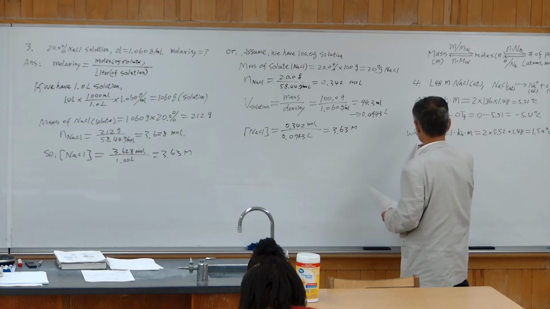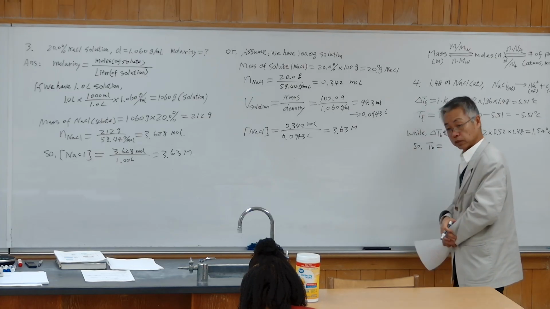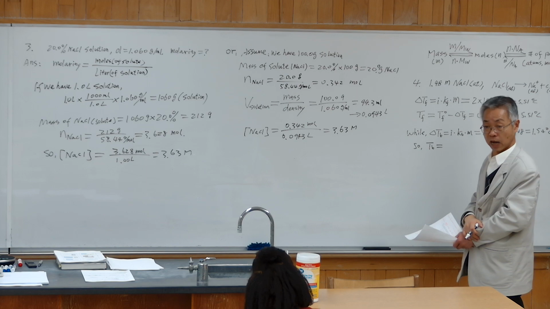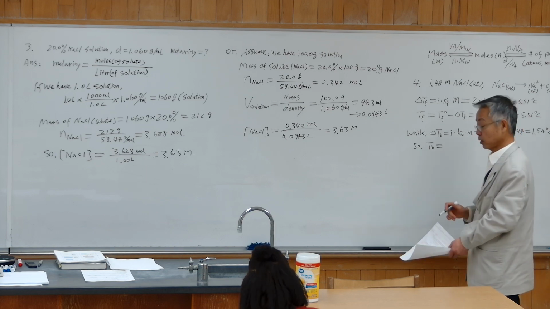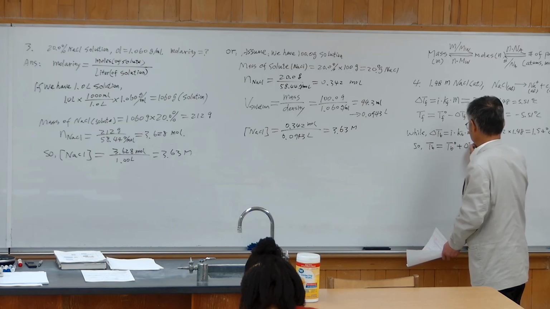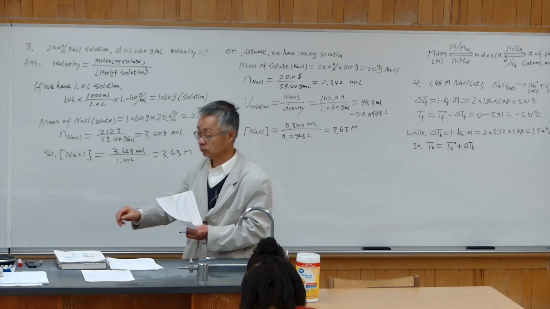So now, Tb is boiling point elevation. This means the boiling point of this solution is higher than the boiling point of the pure solvent. So Tb0 plus delta Tb. You need to be careful.